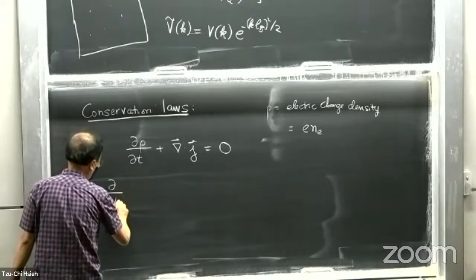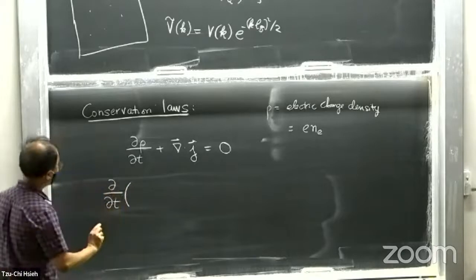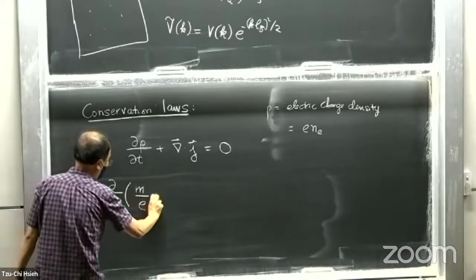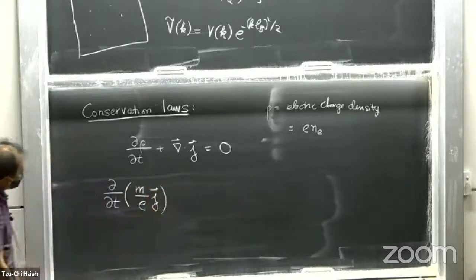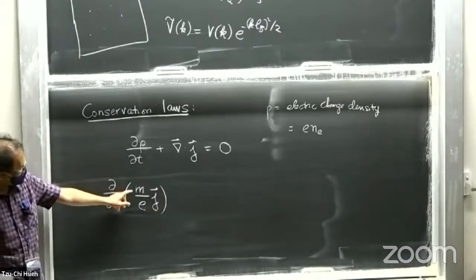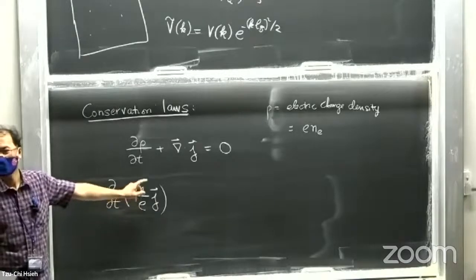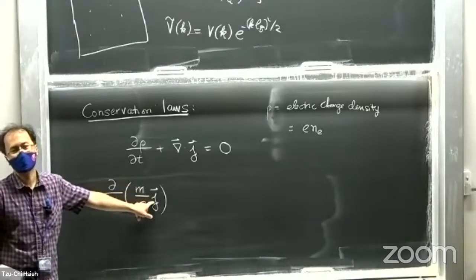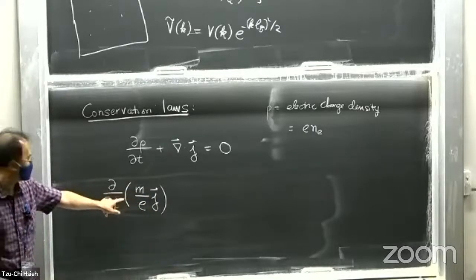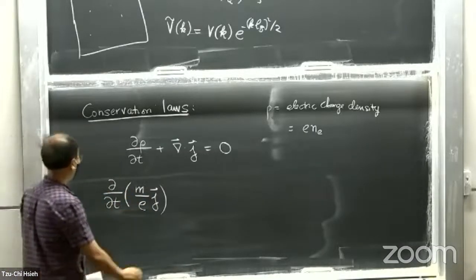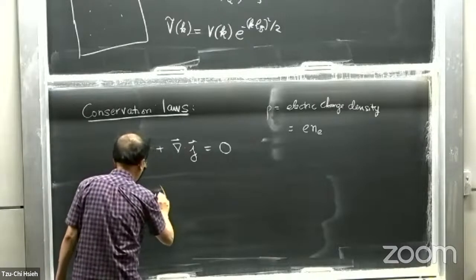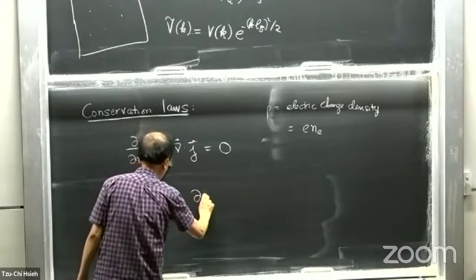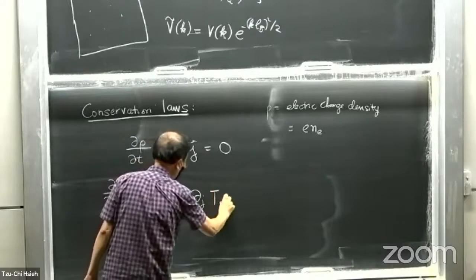First, the momentum density is simply m divided by e times J. Because all particles have the same mass to charge ratio, the momentum density is equal to the charge current up to a constant, which is the mass to charge ratio. Now let me write it in index form, with P_ij.